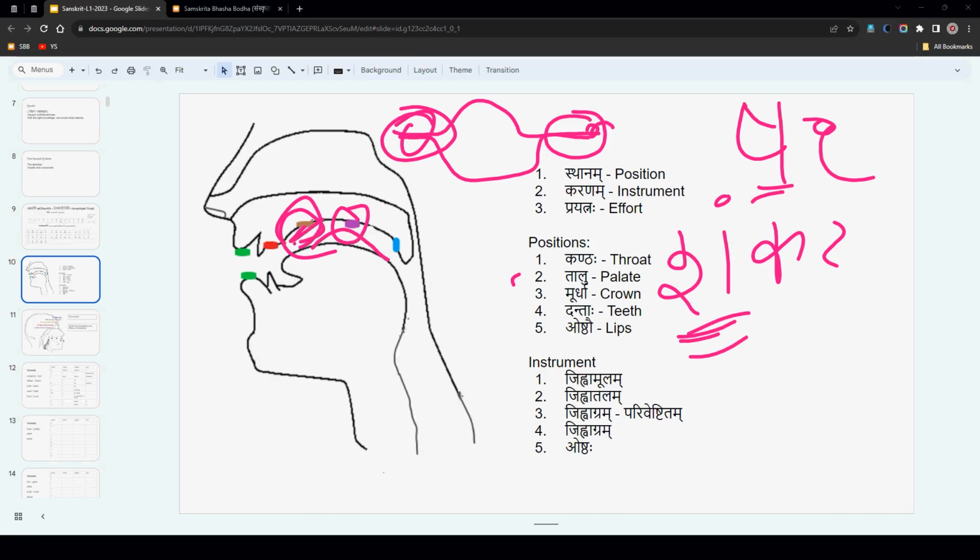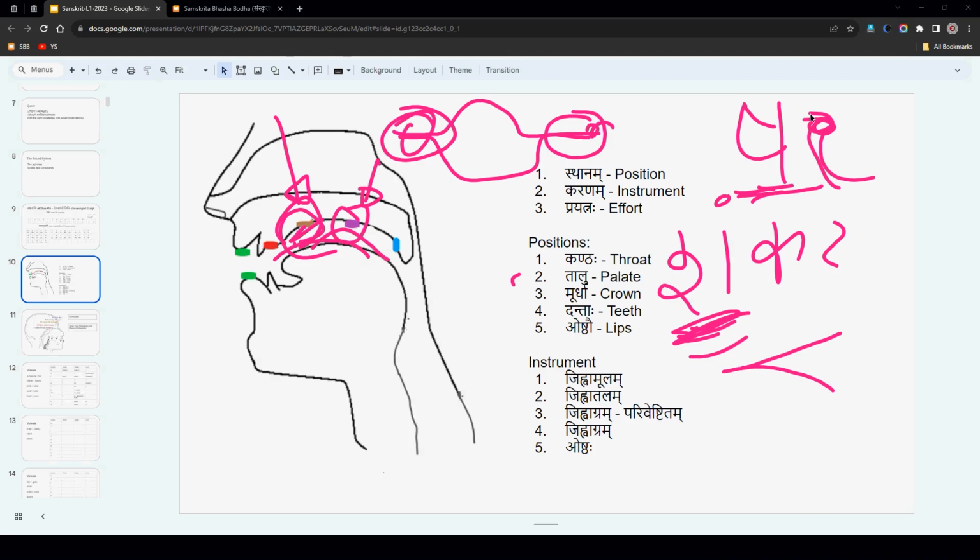The difference between the two shas is very clear. For this sha the touch is here, whereas this sha, Shanmukha, touches here with a rolled tongue. This is a straight tongue, just like ya, cha, slightly here like this. But for the Shanmukha sha, the tip of the tongue is rolled.